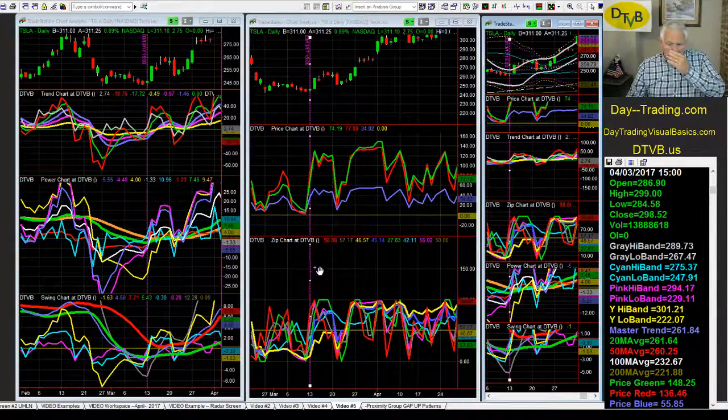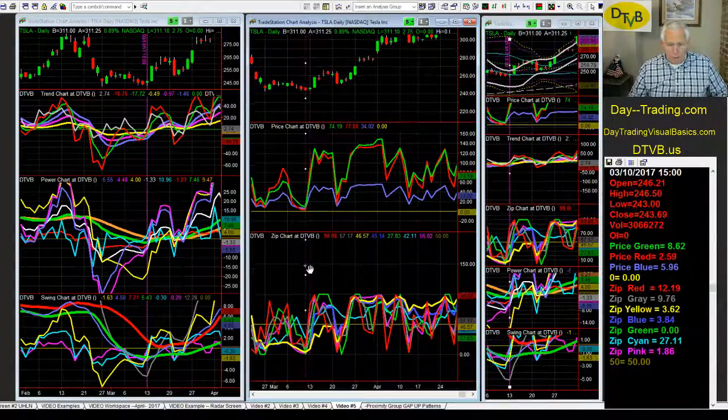Now, the thing that I'm looking at right here is, let me move this pink line back one day, and this is the day when Zip Green poked its head out underneath both the pink and the yellow line down here, and that's a signal for an uptrend, or the next day up, I should say.